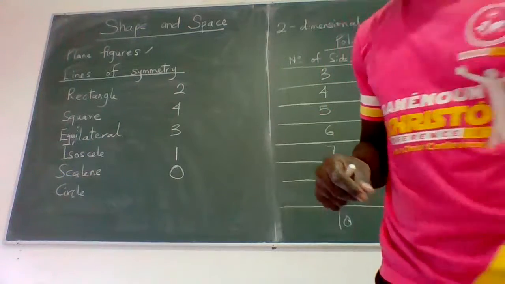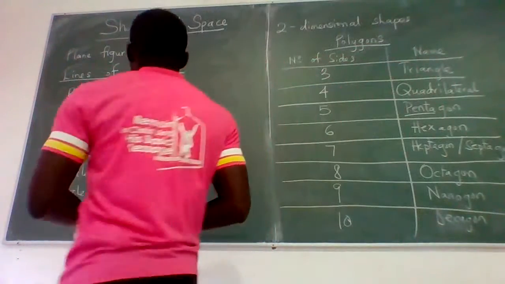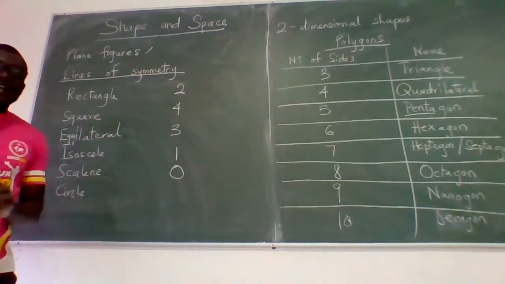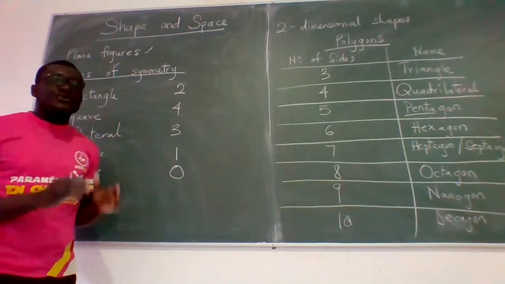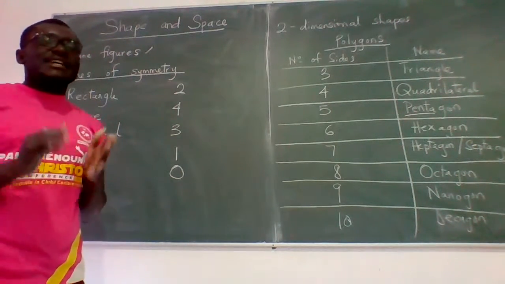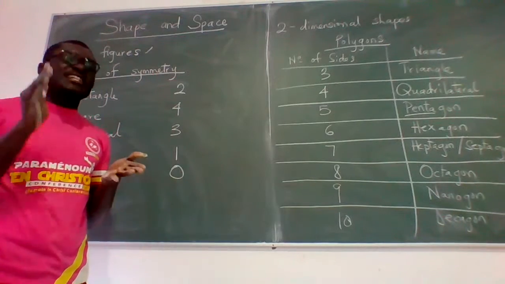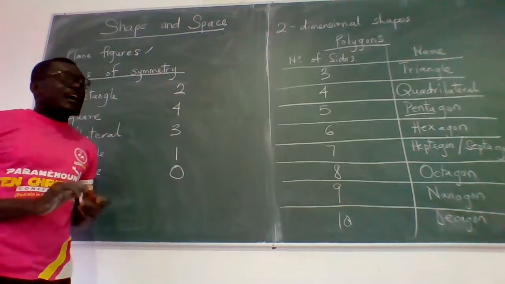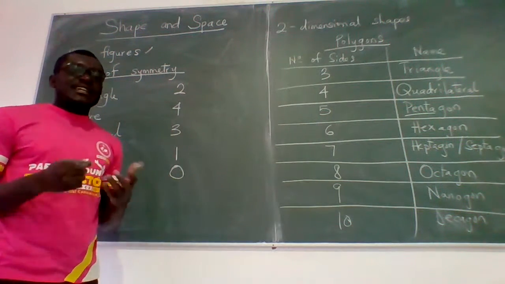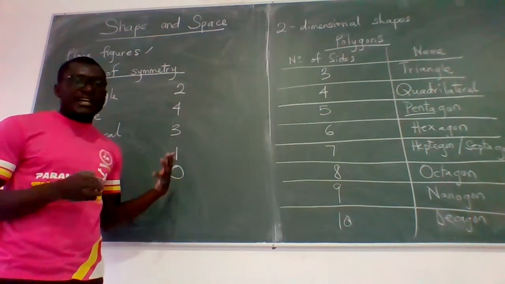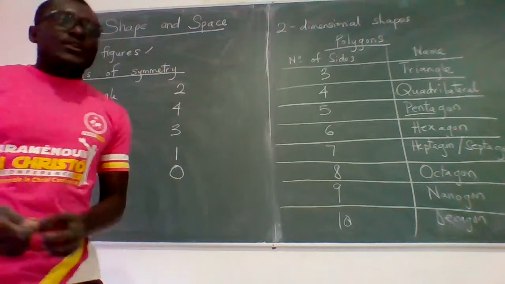Okay. Now, the difference between the line of symmetry and the diagonal is that the line of symmetry divides that figure into 2 equal parts such that one can lie on top of the other exactly. However, the diagonal is only a line that moves from one corner to the other corner of the figure.